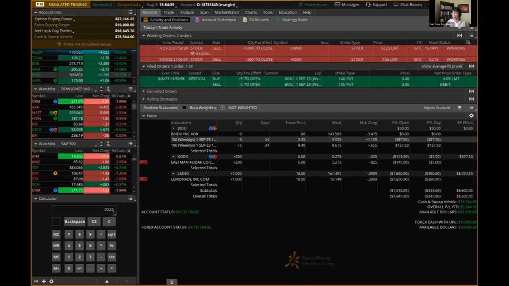So 605 times 5 is 3,025, and that is the max loss.